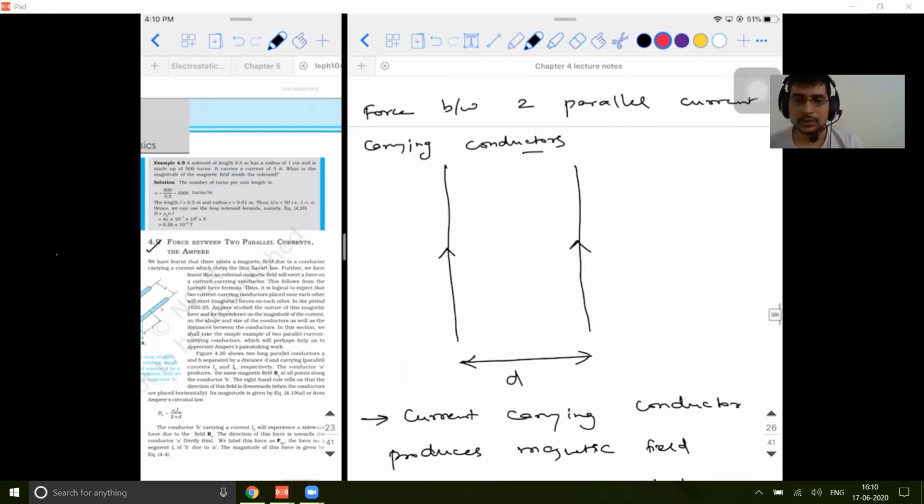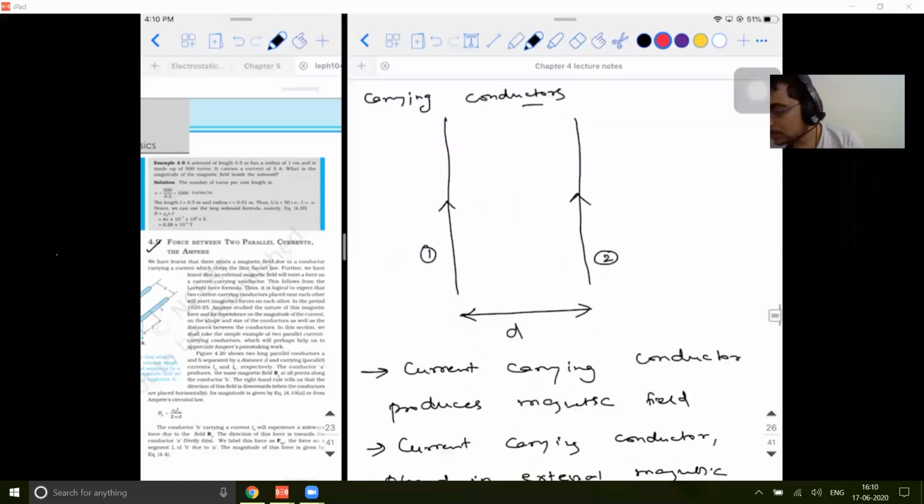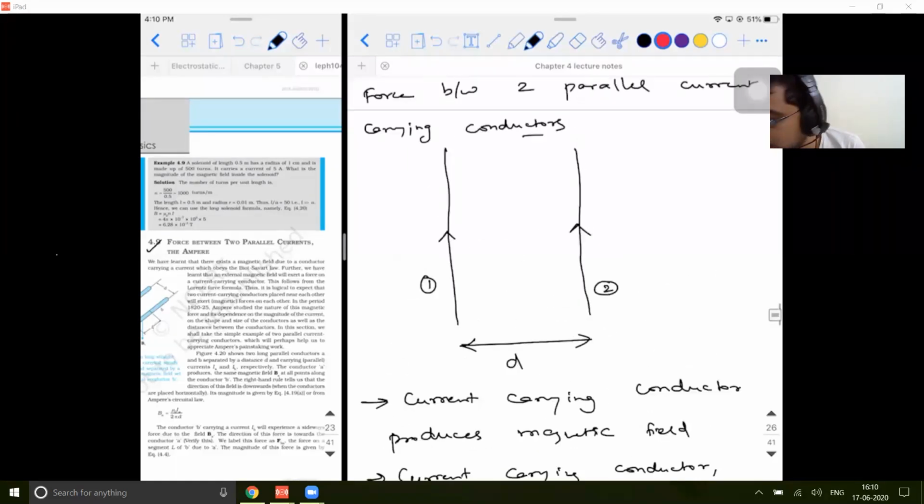So how I am going to solve this question is, observe. If I take this as the first conductor and this as the second conductor, the conductors that you have considered here are of infinite length. They will not use the word infinite length; they will use long current carrying conductors.